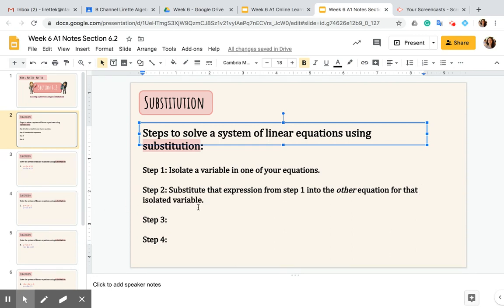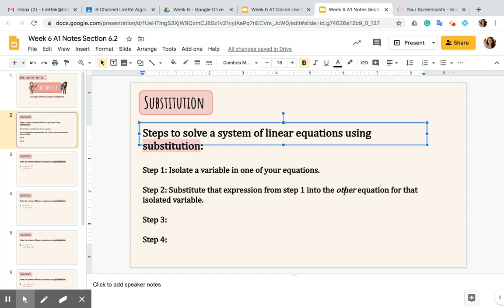So step two might not make a lot of sense because I'm typing it all out. It'll make sense as I do examples. Basically, if it's not already done for you, you're going to isolate a variable in step one. For example, you'll have y equals and then some sort of expression. You're going to take that expression and substitute it for the y in the other equation, because remember, we've got two equations.